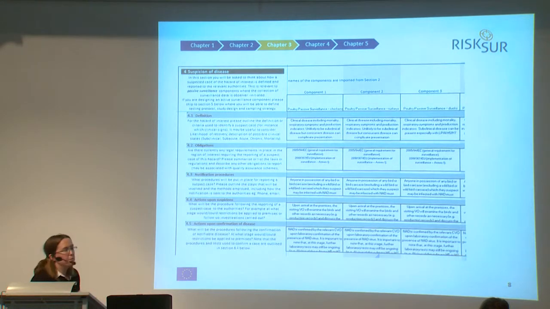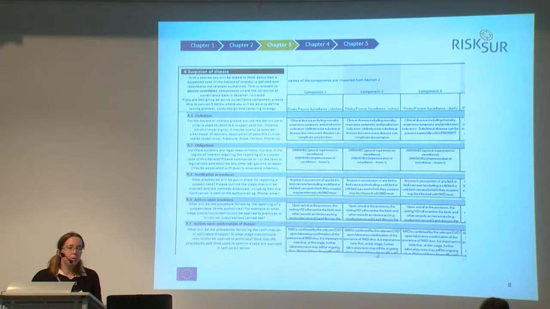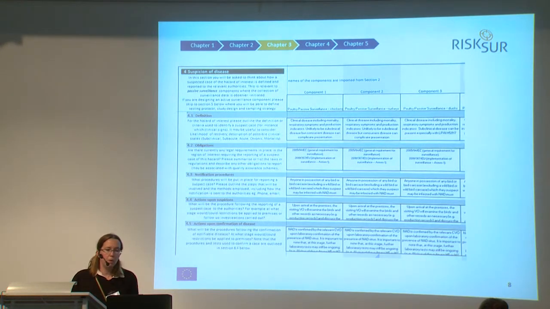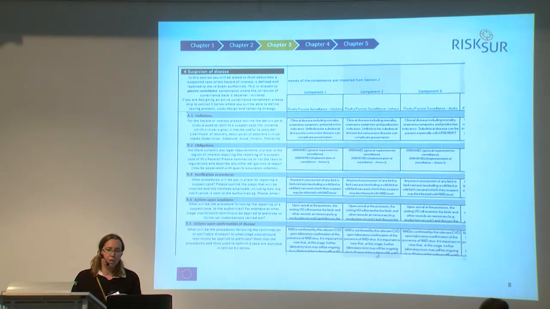So the notification procedures: the farmer will notice that his birds are ill. He will call his private vet, and the vet will come out and have a look at the birds. He'll then make a judgment call on whether it's likely to be notifiable disease or not. If he thinks it is, then he will call the local APHA office and talk to the duty vet there, and they'll have a discussion over the phone.